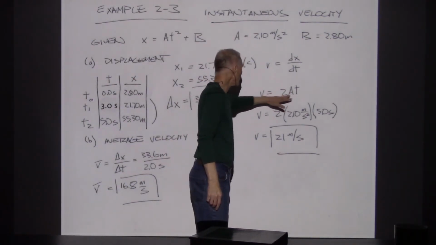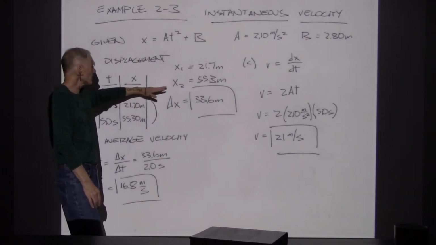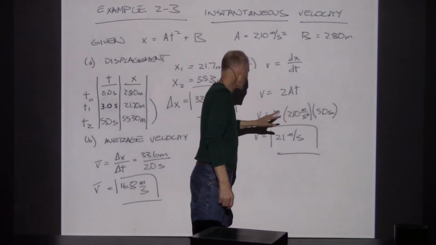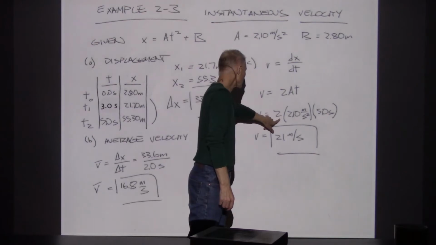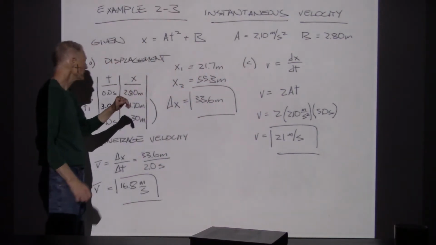At t equals 0, the velocity is going to be 0. We're at this location, and right now we are at rest. At 3 seconds, can we do the math? 12.6, is that right? Possibly.